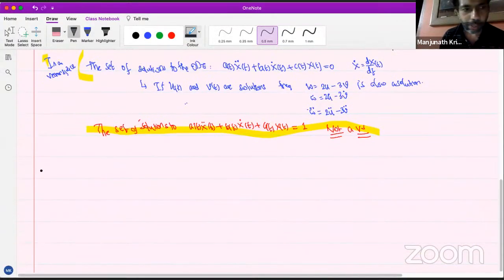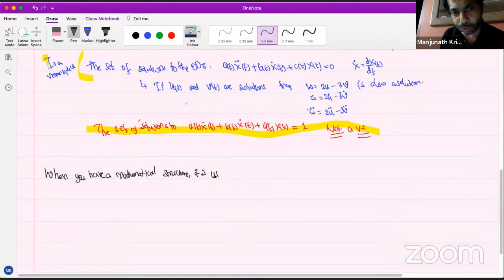Okay. Whenever you have, let me write that in some generality. When you have a mathematical structure, it is useful.